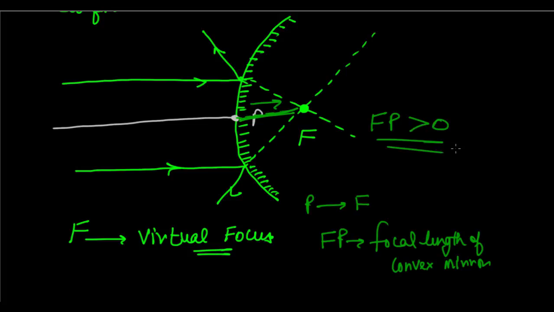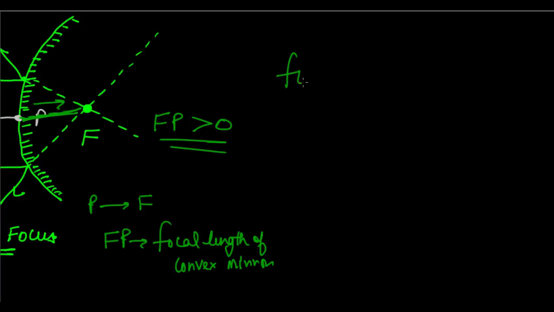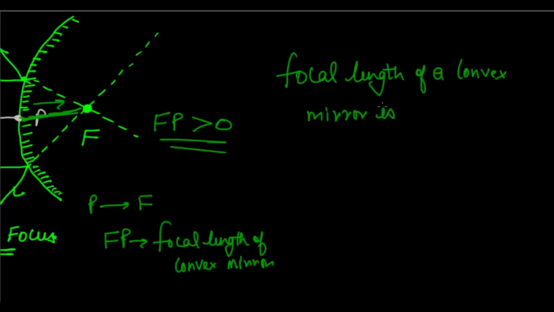We say it is a positive distance, and we say that the focal length of a convex mirror is always positive.